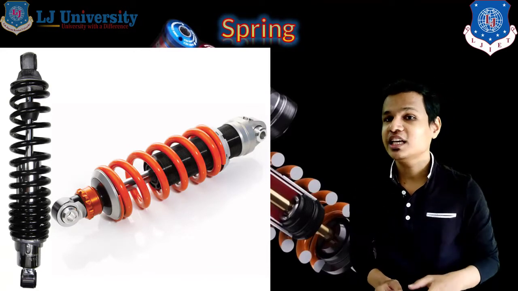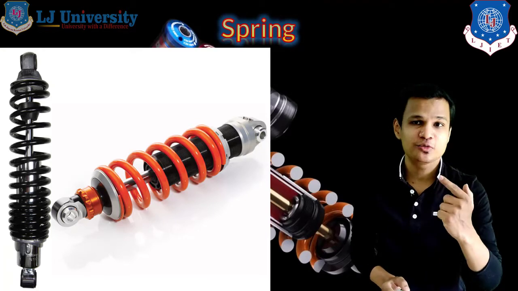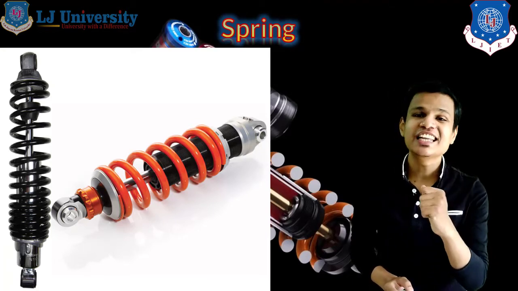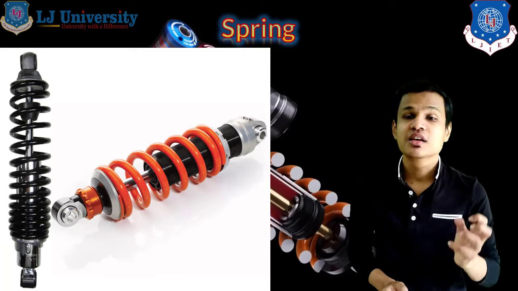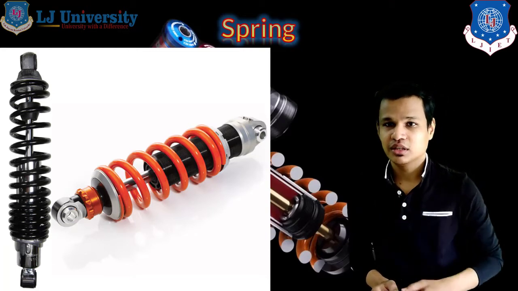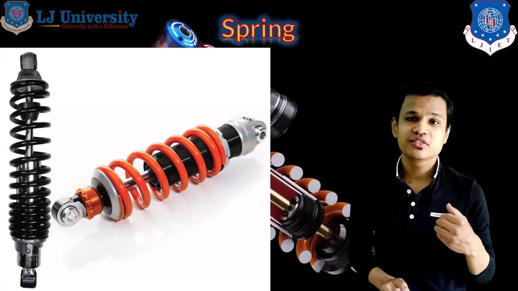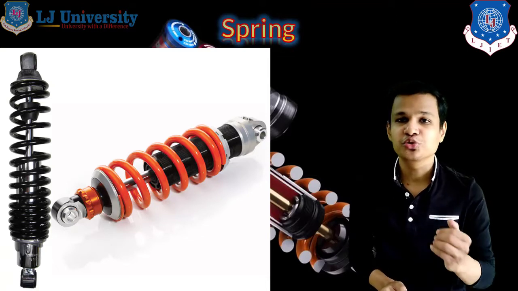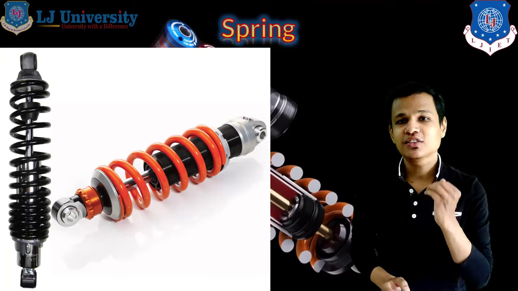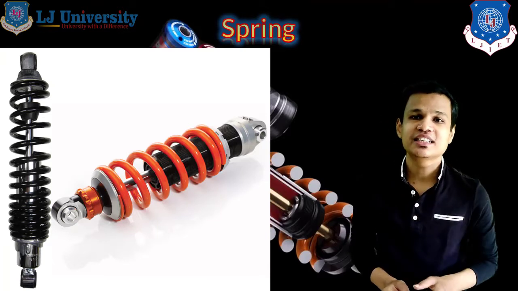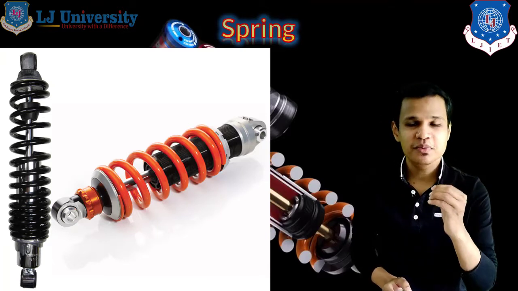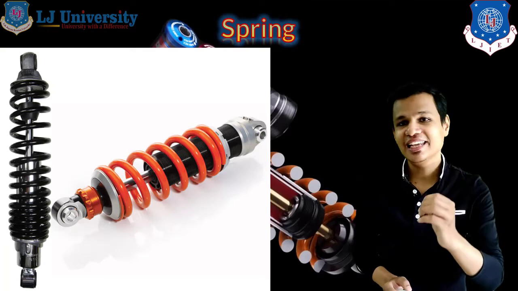The leaf spring gives us the function of the damper and spring both, but it is mainly used in heavy vehicles because it is noisy, and it also increases the weight of our vehicle, so it is not suitable for two-wheelers. In the case of two-wheelers, the spring type that we use is basically a helical spring.